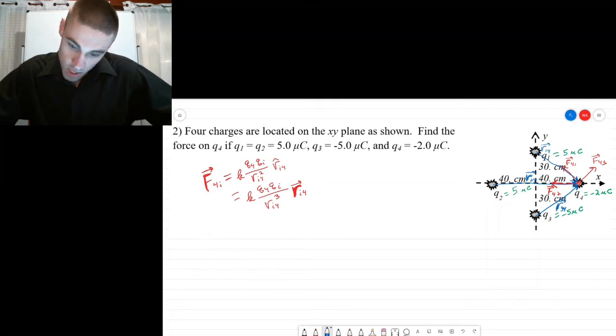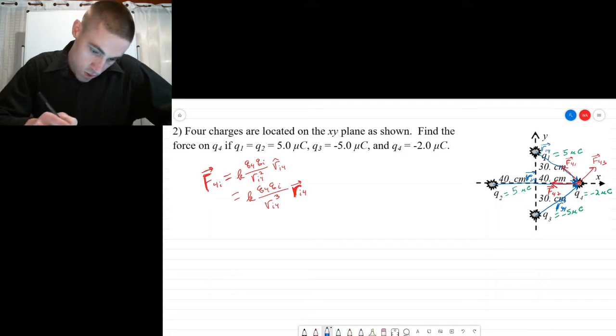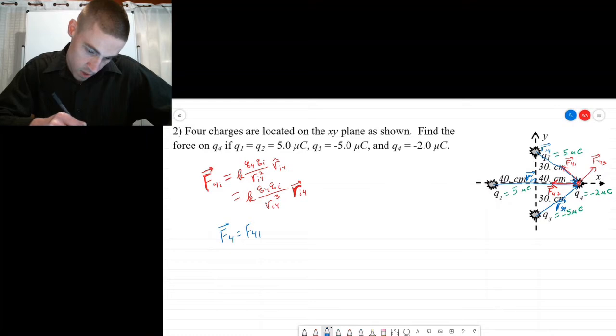Okay, so let's write this out then. F for the total net force on 4 is going to be F41 plus F42 plus F43.